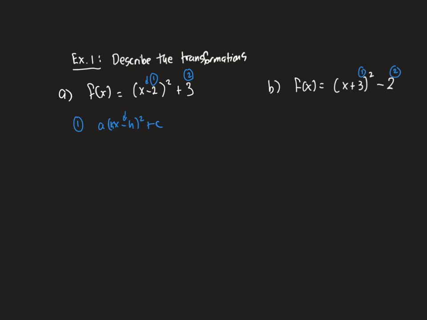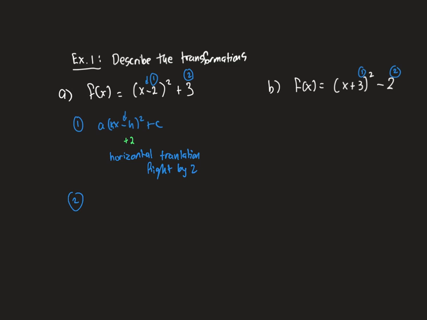So because my h value is a +2, which means h is greater than 0, I'm going to the right. So this would be a horizontal translation, right by 2.